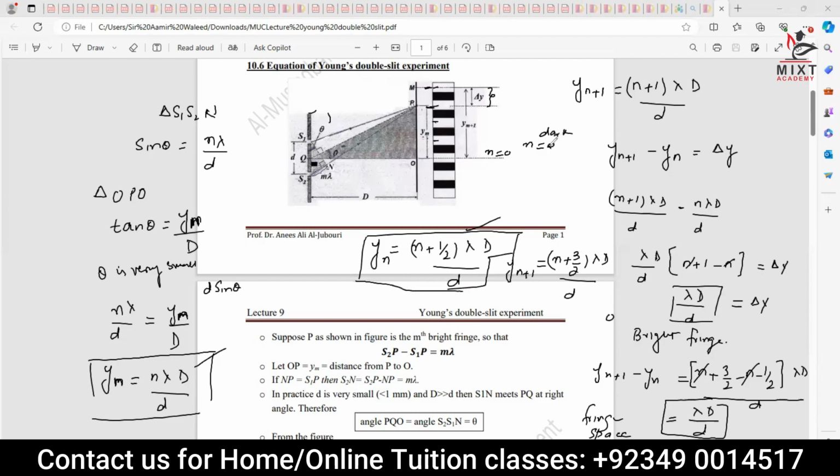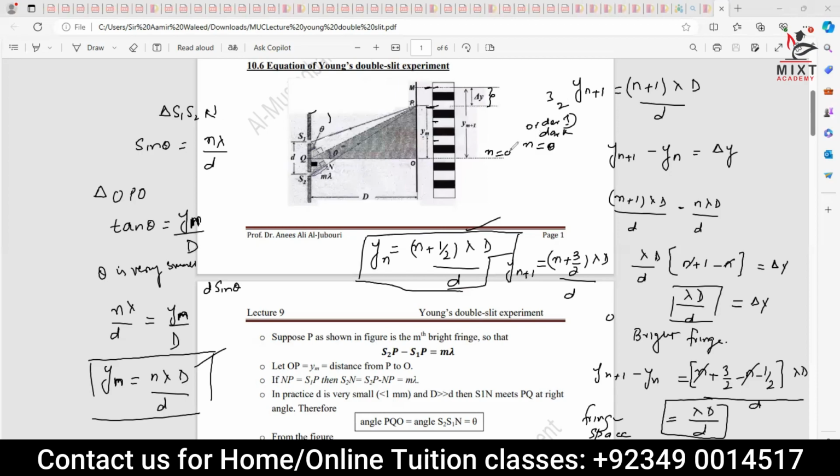Technically speaking, if you're talking about n is equal to 0, this means order number 1 for the dark fringe I am talking about. When you say order number 1 value, technically you are 1 value behind. If I say order number 2, it means n is equal to 1 for the dark fringe. If I say order number 3, for the dark fringe, it is n is equal to 2.